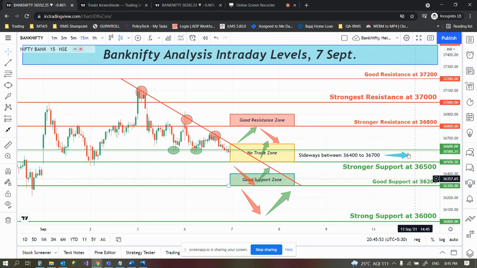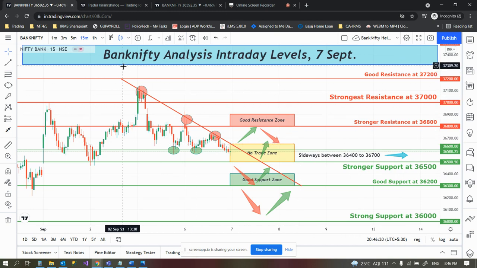In between, I have marked small or good support and resistance levels. We have a good resistance zone between 36,800 to 36,900. We have a good support between 36,300 to 36,400. Next, I have marked a no trade zone between 36,500 to 36,650.